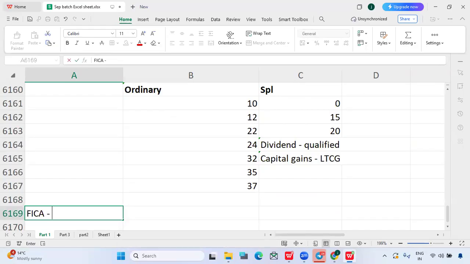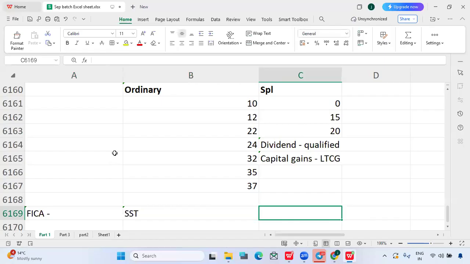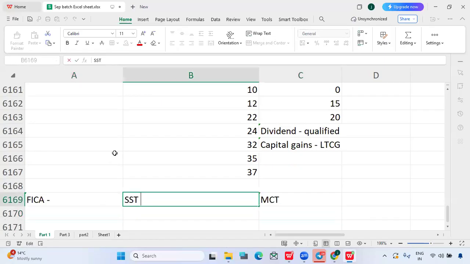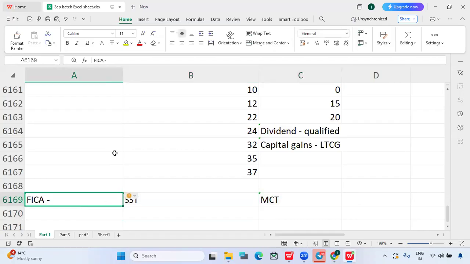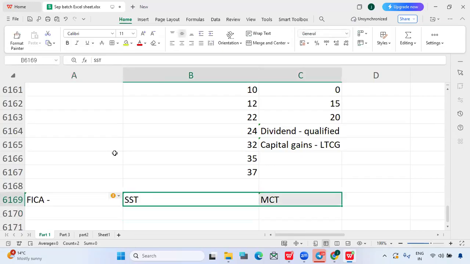Federal Insurance Contributions Act taxes, which basically consist of two components: one is social security taxes and another one is Medicare taxes.